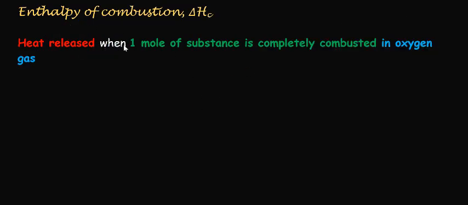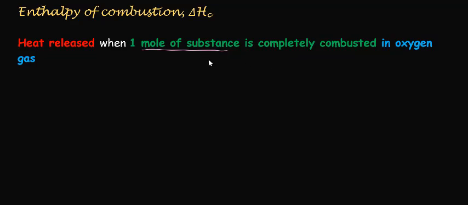Next, we have the enthalpy of combustion. The definition is heat released when 1 mole of substance is completely combusted in oxygen gas. So the 1 mole of substance that is combusted must be the reactant. You are going to combust it in oxygen gas.